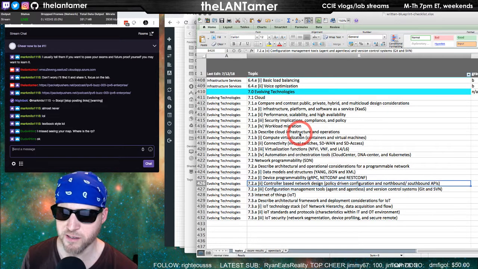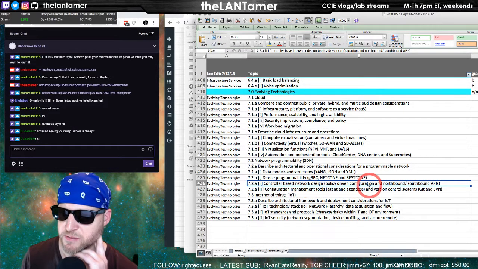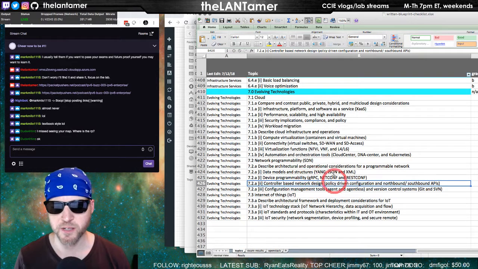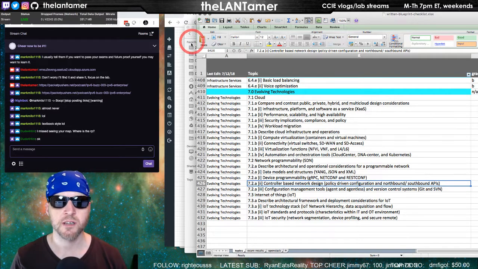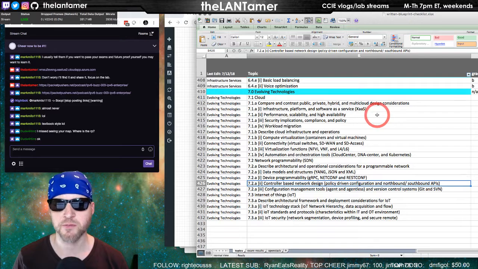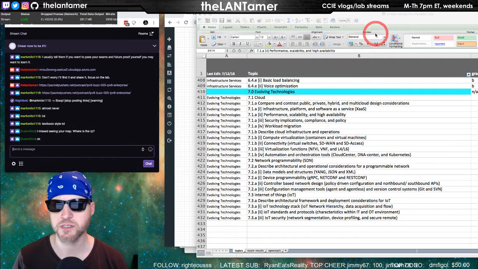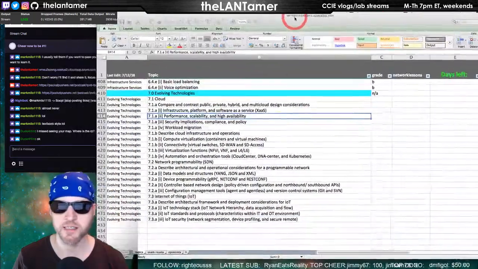This is where this falls into play. Controller-based network design, policy-driven configuration, northbound, southbound APIs. So we start talking about SDN controllers. What does come to mind first of all are the Cisco ACI, of course, and NSX.